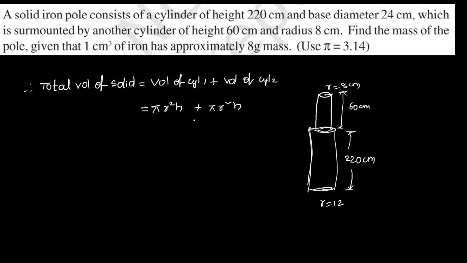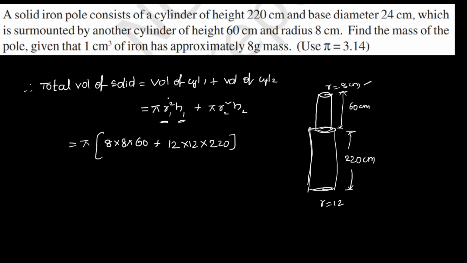But we cannot give both the same name, so we call this one r1 square h1 and this one r2 square h2. Since pi is common in both, I'll take pi as common into r1 square into h1. What is r1? 8. So 8 into 8 into h1, 60, plus r2 square, 12 into 12 into h2, 220.